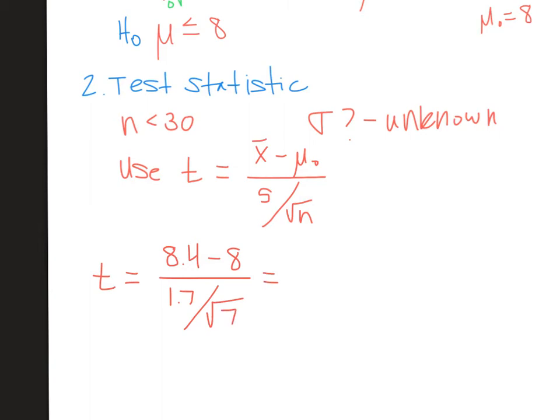Okay, we plug that into the calculator and we get 0.6225, and it's repeating. Let's round to 3 decimal places, and so we get 0.623. Okay, so that's step 2, the test statistic.